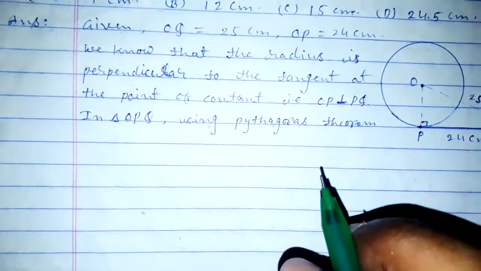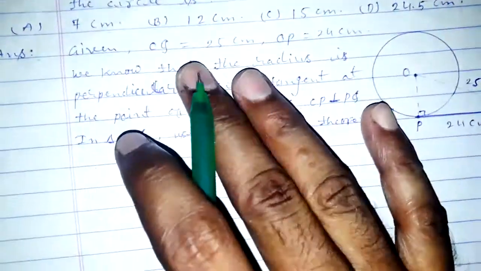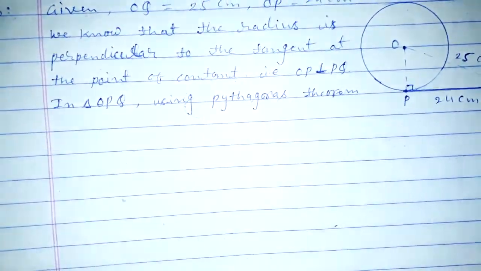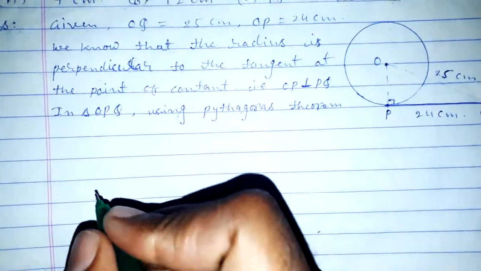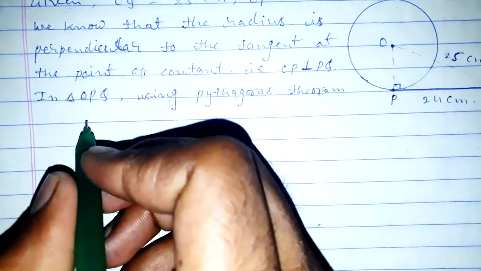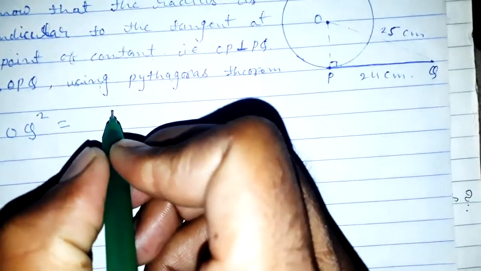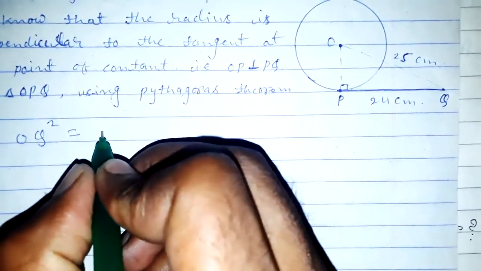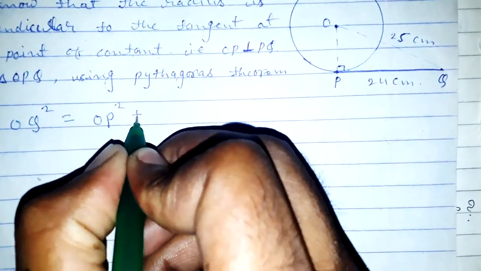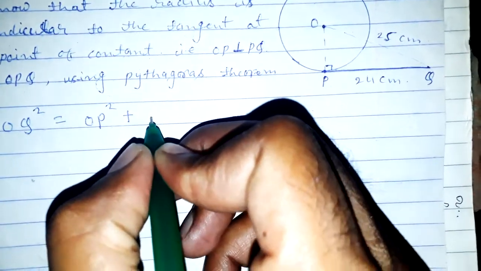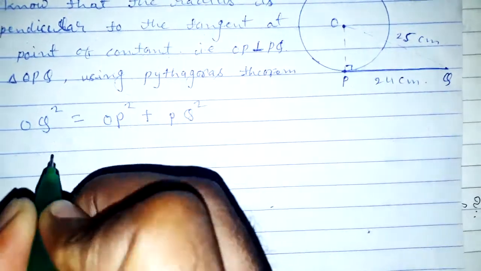Using the Pythagoras theorem. What is the Pythagoras theorem? Hypotenuse square, here the hypotenuse is OQ, so OQ square is equal to OP square, meaning perpendicular square, plus PQ square.